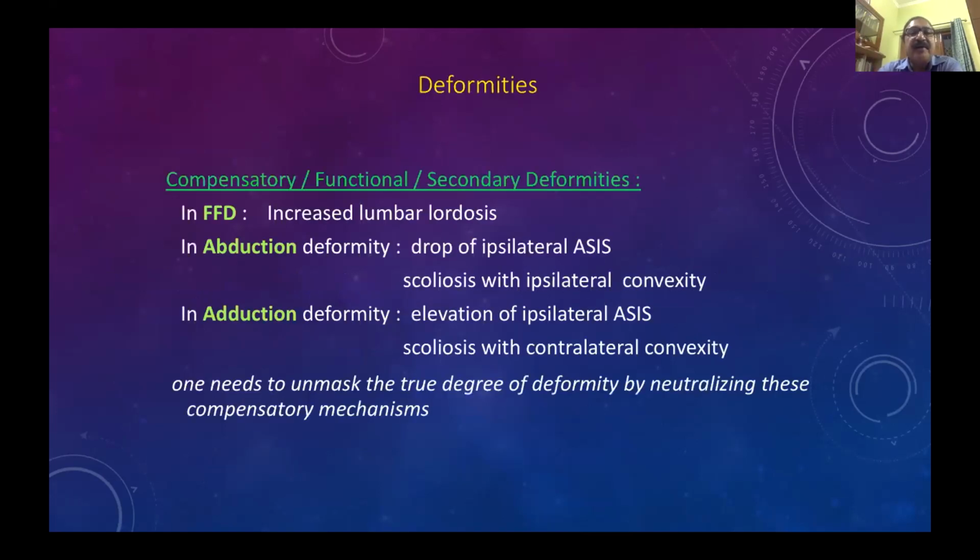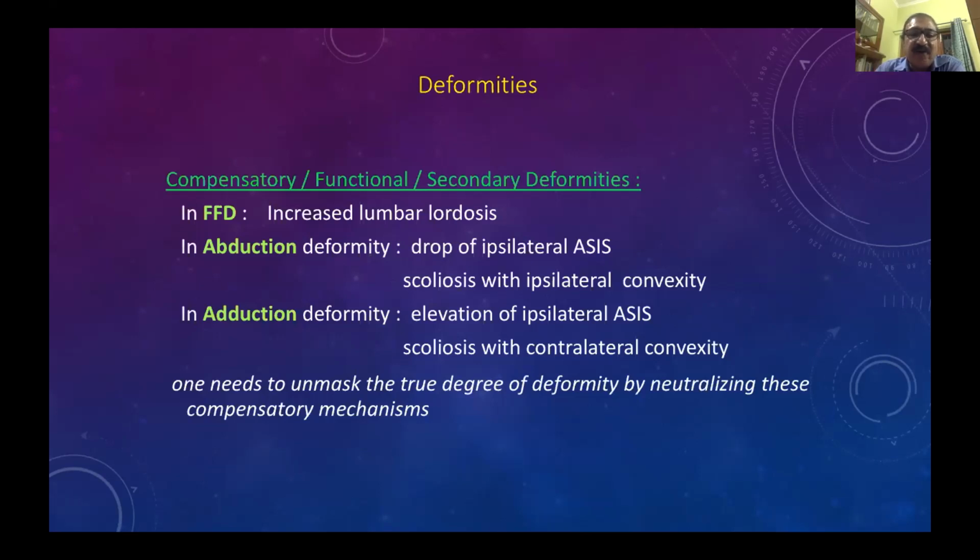Now this is about a person who has a deformed hip joint. A patient cannot walk unless the body compensates. In a case of fixed flexion deformity, the compensation occurs by increased lumbar lordosis. In abduction deformity, the compensation occurs by drop of the ipsilateral anterior superior iliac spine and lower lumbar spine scoliosis with ipsilateral convexity.